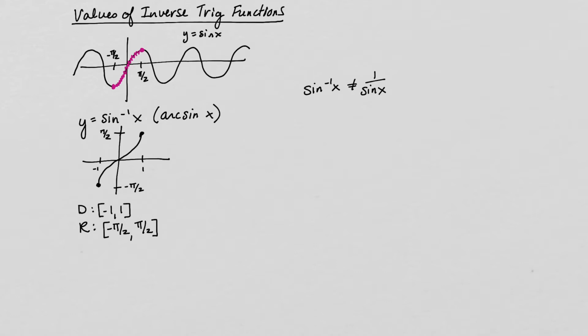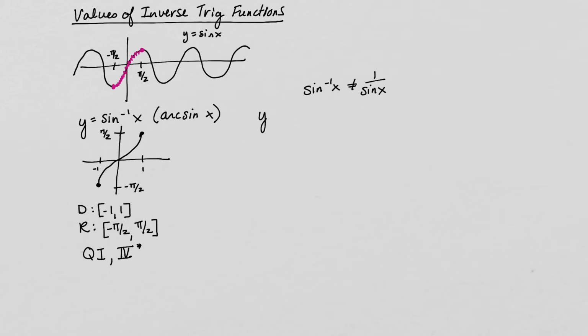What that means is we're dealing with angles in quadrant 1 or quadrant 4. But I'm going to put a little star next to quadrant 4. Anytime we deal with quadrant 4 with inverse functions, we have to be a little careful, and I'll come back and tell you why in a minute.